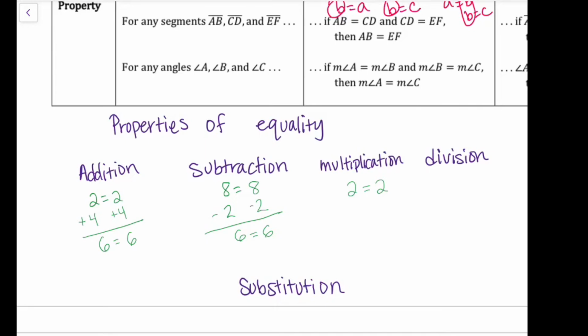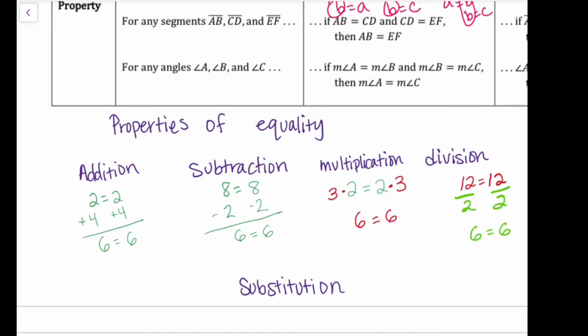I get 6 equals 6. For the multiplication property of equality, if I start with 2 equals 2 and I multiply both sides by 3, 3 times 2 is 6 on both sides of the equal sign. 6 equals 6. It's something that is still equal. With the division property of equality, if I start with 12 equals 12 and I divide both sides by 2, 12 divided by 2 is 6. 6 would equal 6 on both sides of the equal sign.